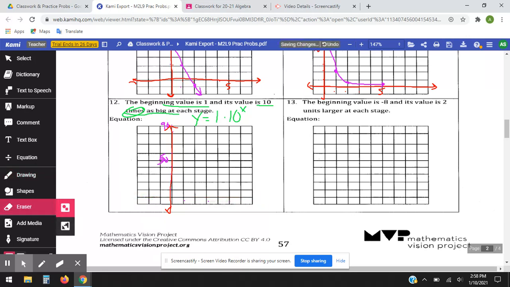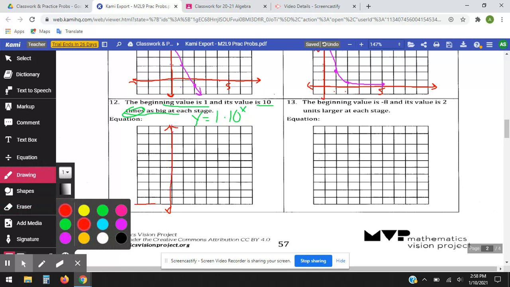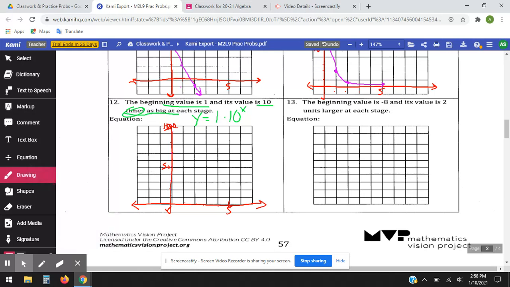Let's go ahead and drop this down one more so that I can fit 100 on here. And 10, 20, 30, 40, here's 50, 60, 70, 80, 90, 100. 1, 2, 3, 4, 5 on this guy. Always good to label your axes so we know what we're doing.